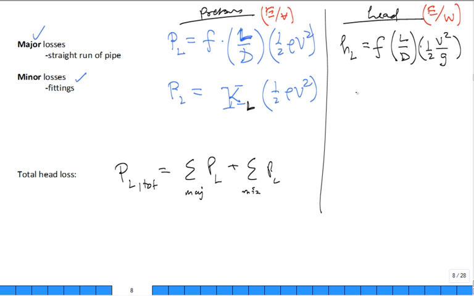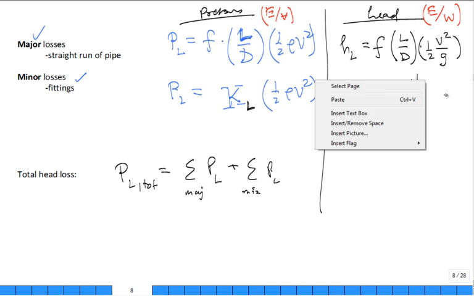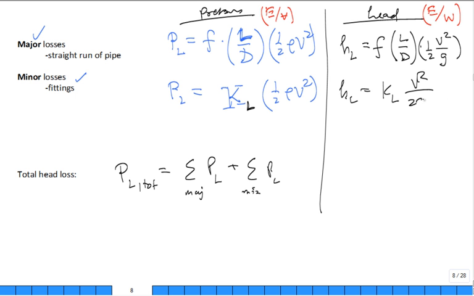Same with the head loss for a fitting. You have a loss coefficient times v squared over 2g. And then you have the total head loss, which is the sum of the major head losses and the sum of the minor head losses, h_L.